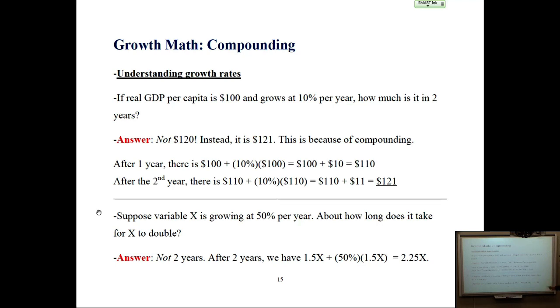So if in 2 years we get more than double, that means it's going to exactly double in under 2 years. So the example is basically to tell you to not ignore compounding. So be careful when you're thinking about growth over time to include compounding.